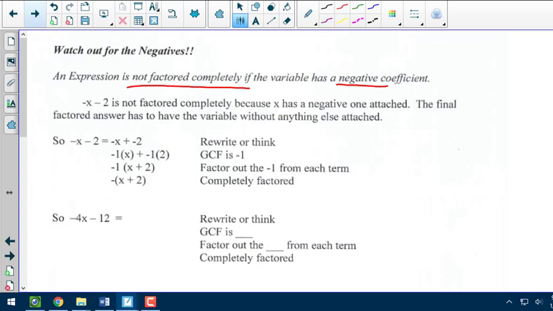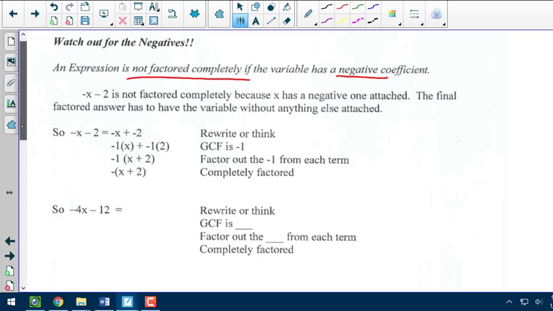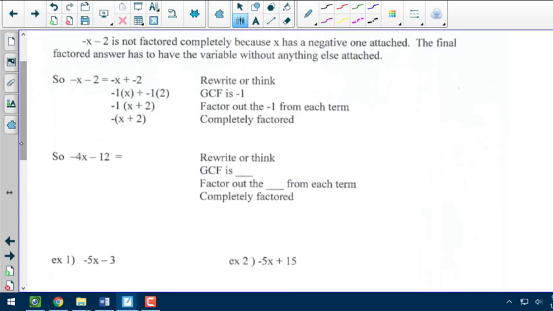The final factor in answers has to have the variable without anything else attached. So positive 1's okay, but negative 1 is not. So negative x and negative 2 do have a negative 1 in common. So you could pull that out. And notice they don't write negative 1 here. They just wrote negative, right? Just a negative times the quantity x plus 2.